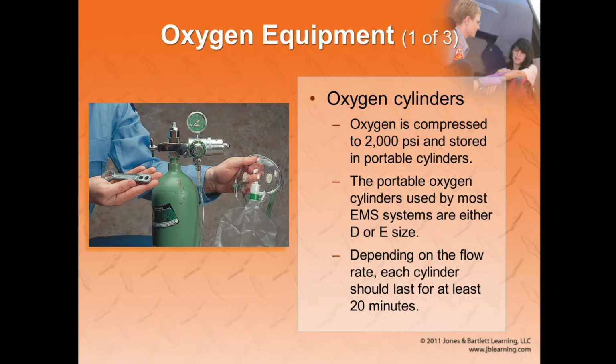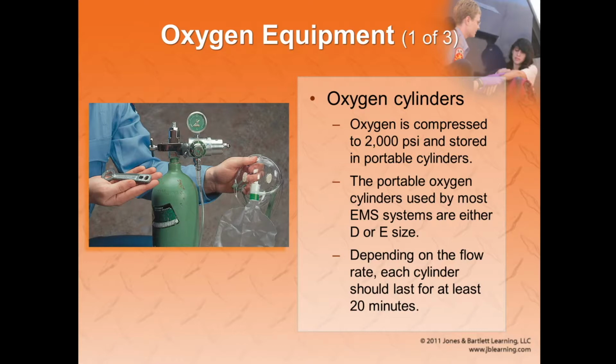Oxygen cylinders, we carry Class D oxygen cylinders in our medical bags. It holds approximately 2,000 psi of oxygen. Our oxygen cylinders, as depicted in the picture there, look very similar. You have the regulator on top with the gauge that tells you how much oxygen you have left in the tank.